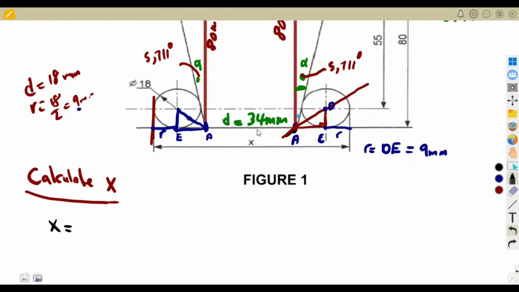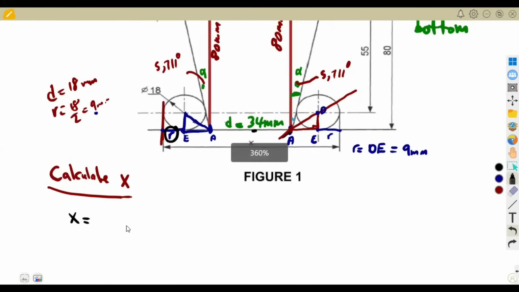One, it is a combination of this diameter of 34, and of this radius. Let me just write them one by one so that I don't lose you guys. So this is radius plus EA, which is AE. We said this AE and this AE are the same. So we've got radius plus AE.